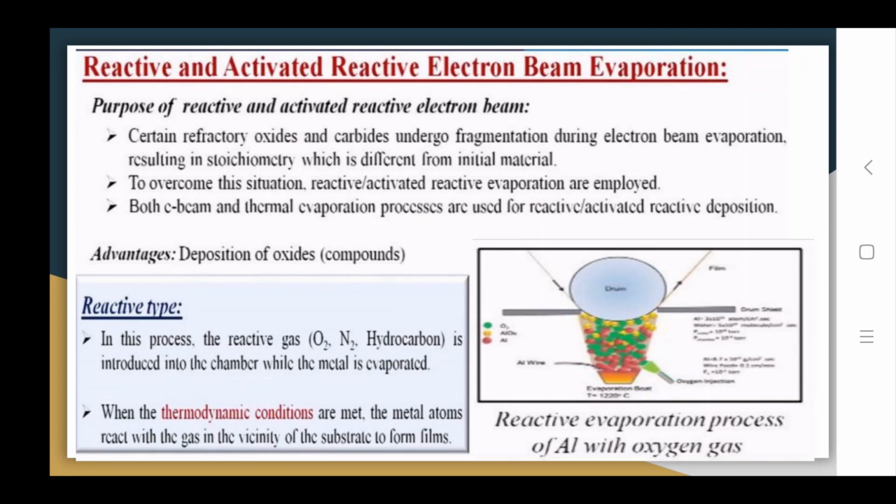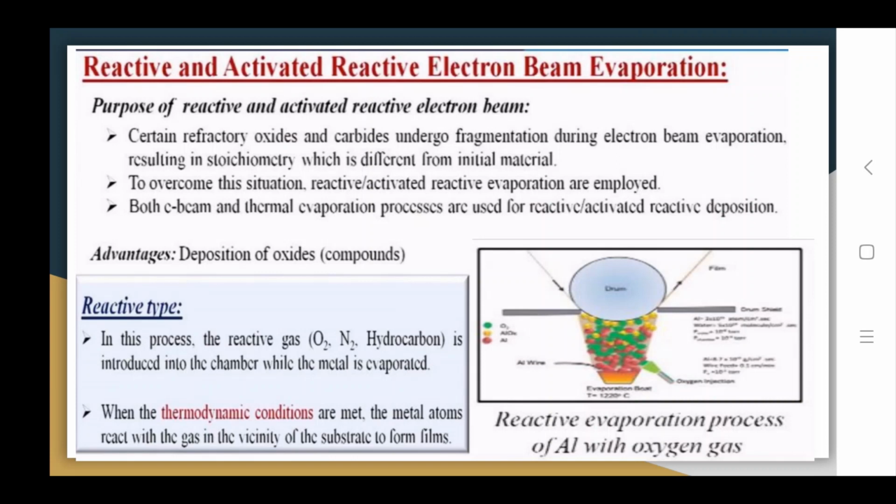We have discussed firstly thermal evaporation, then the e-beam, that is, electron beam evaporation. This technique is a combination of thermal evaporation and electron beam evaporation. When we give the material a high electron beam, it gives high energy to that material itself.